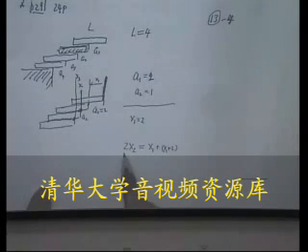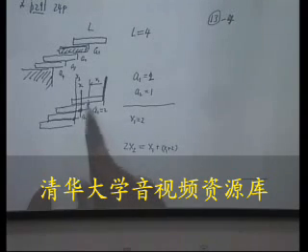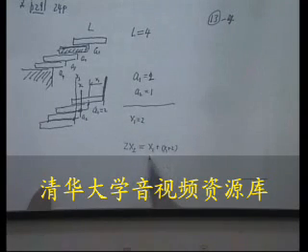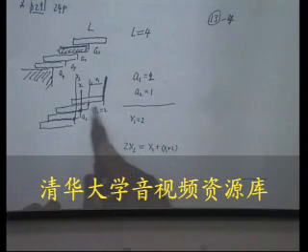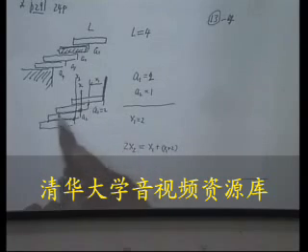So the sum of m times x of the center of mass is equal to m1 x1 plus m2 x2. All m's are equal to 1, so it's x1, the position of the center of mass of the first block, plus x1 plus 2 for the second block, because you have moved by 2.